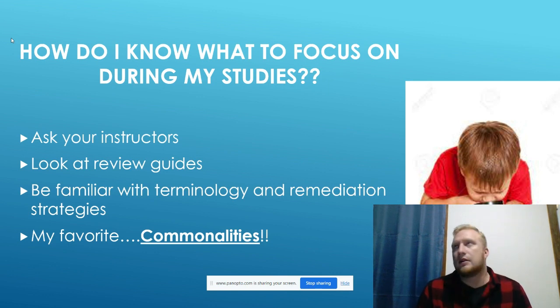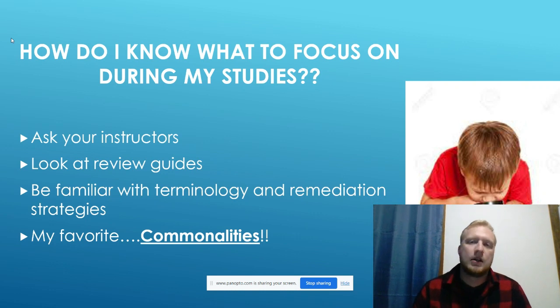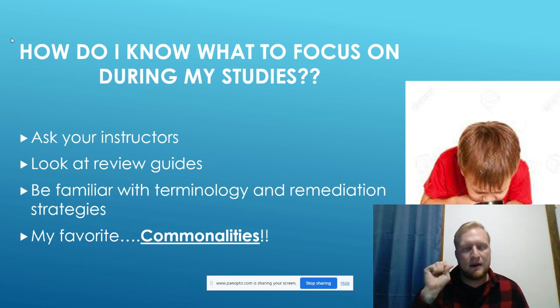Look at review guides. There's a ton of them. Everything on that previous page has tons and tons of resource material that you can thumb through and make sure you pay attention to the key points. As I said before, be familiar with the terminology, and the remediation strategies are a big part of that. It's great if you know what dyslexia is or dysgraphia, but you also need to know how to fix those problems possibly.